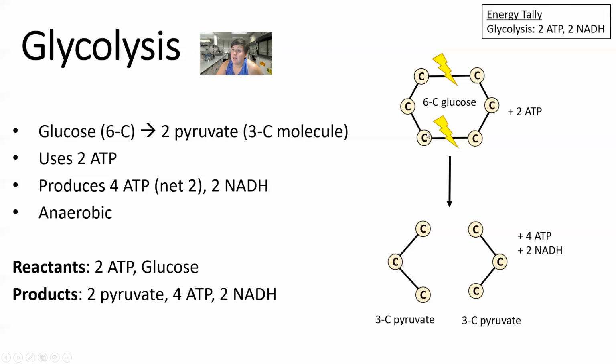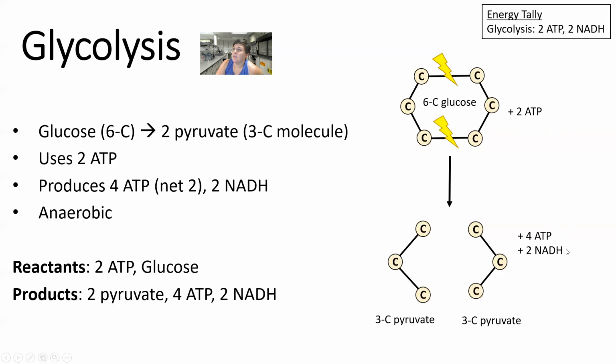That splits that 6 carbon molecule into 2 3 carbon pyruvates. When we break those bonds, it's oxidized. Electrons are released from each of those bonds. The electron here is bound up to NAD+ to make an NADH. The electron released from this bond is bound up to NAD+ to make our second NADH.